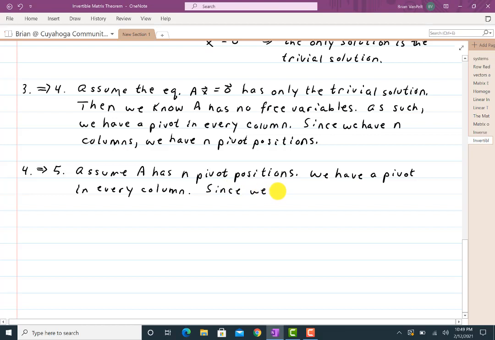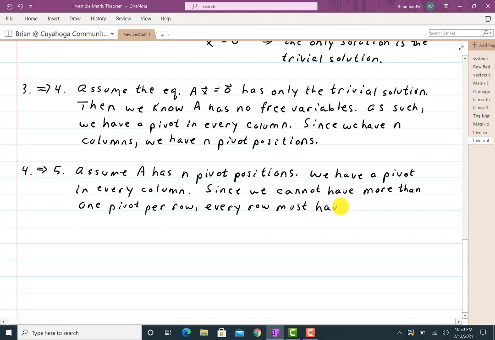Since we cannot have more than one pivot per row, every row must have a pivot position as well.